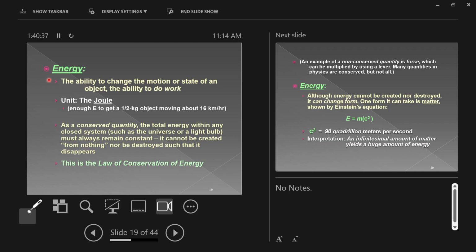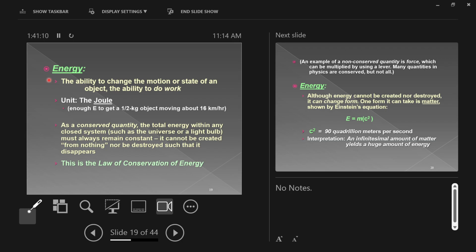So there's a unit of energy that can be applied to the amount of energy it took to move that pen cap, as well as the amount of energy it takes to raise a 1 pound weight. That unit of energy is called the joule. Energy is given as a capital E, which you remember from E equals mc squared.